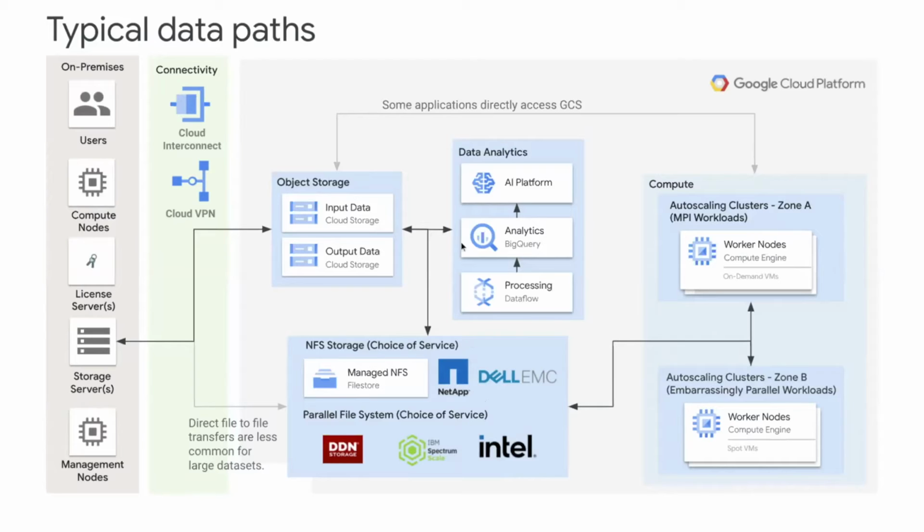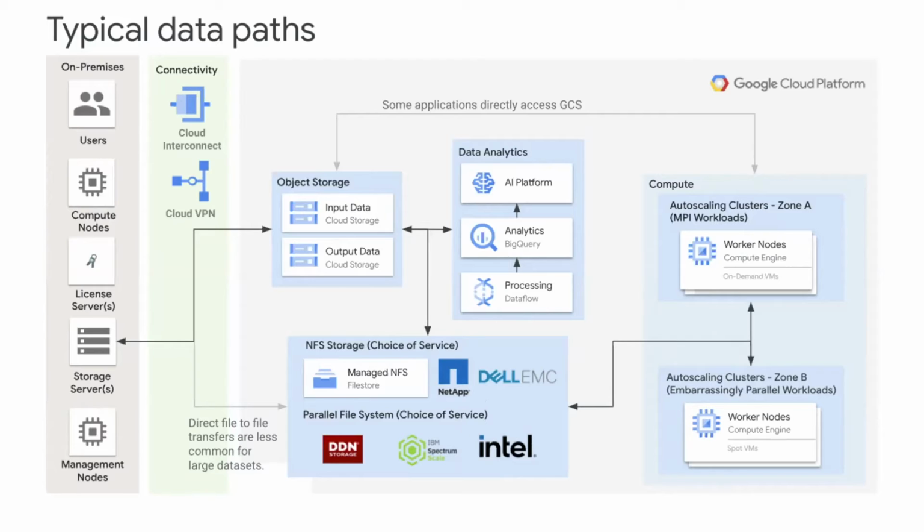That allows them to do the native data analytics jobs, BigQuery, the AI platforms, data processing, Dataflow, etc., directly from Object Store, and then in turn have their compute nodes process from their file system.